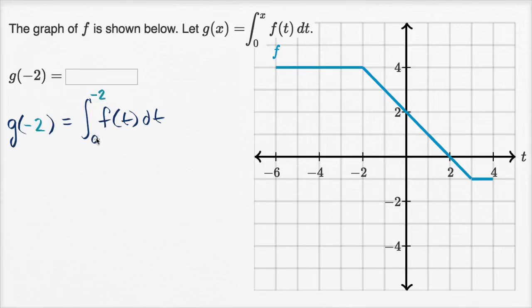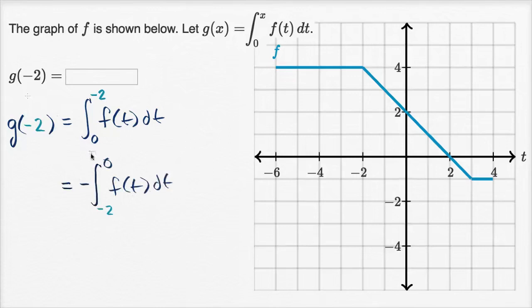Notice our upper bound here is actually a lower number than our lower bound right over here. So it will be nice to swap those bounds so we can truly view it as the area of the region under f of t above the t-axis between those two bounds. And so when you swap the bounds, this is going to be equal to negative definite integral from negative 2 to 0 of f of t dt.